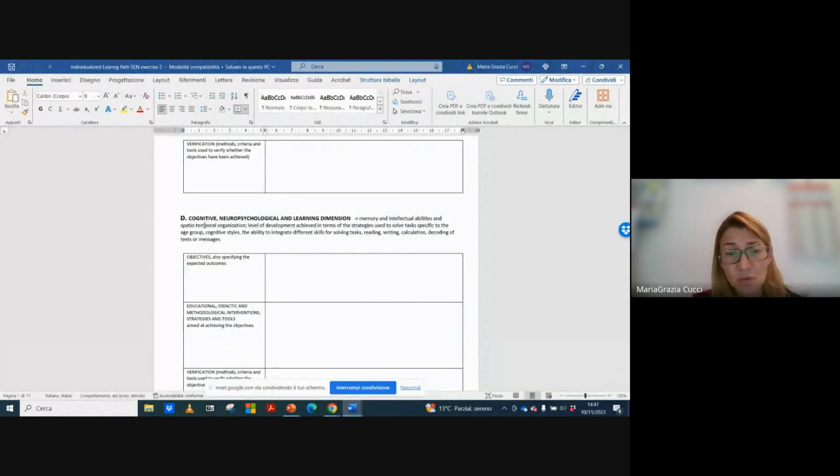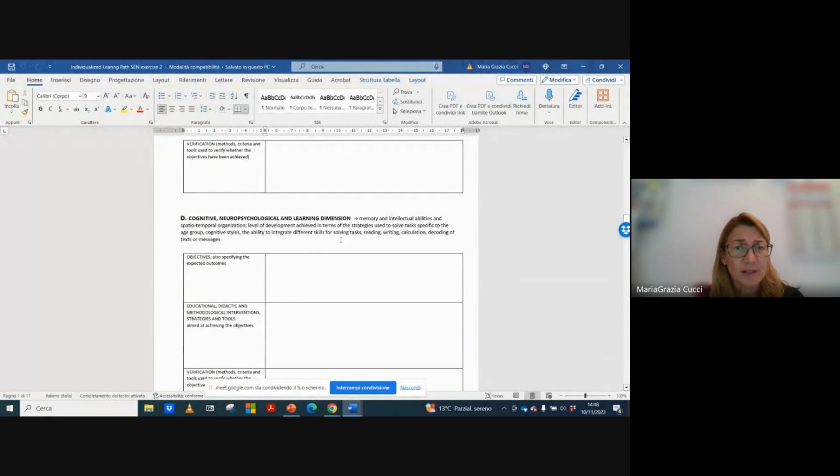We simply have to check, starting from the observation and not going immediately to the conclusion, but trying to analyze whether this situation is due to a lack in this specific dimension.